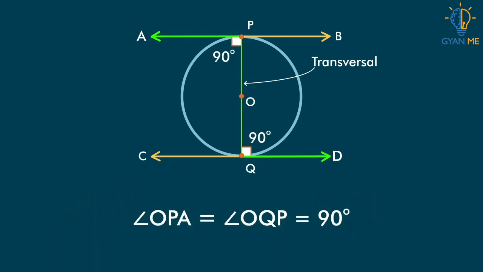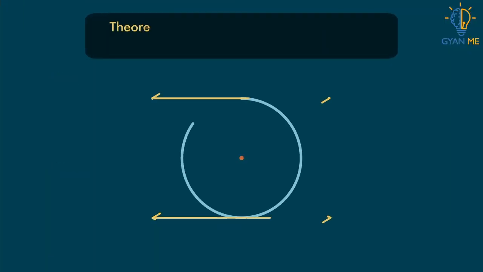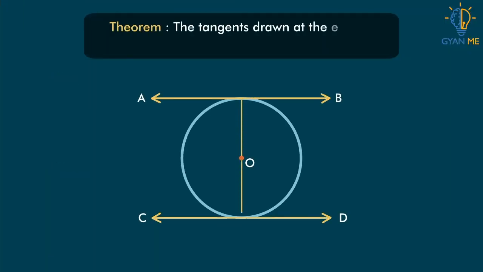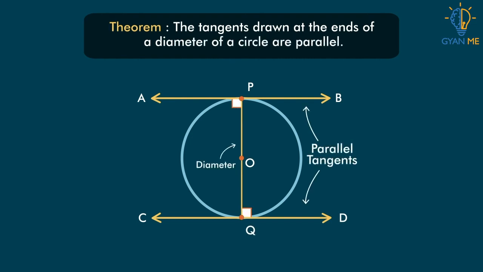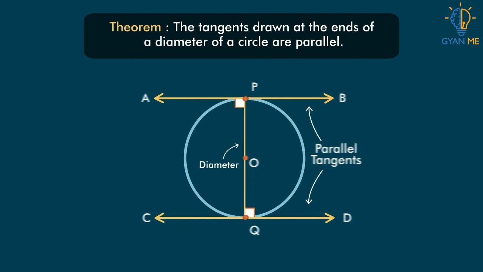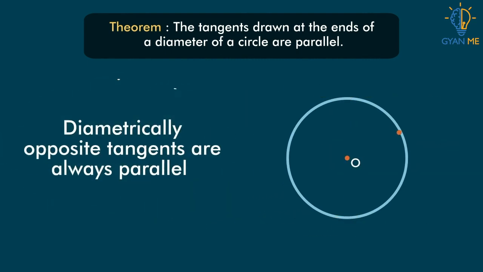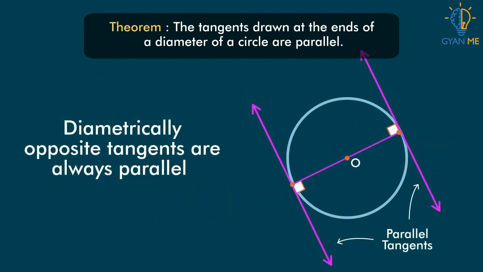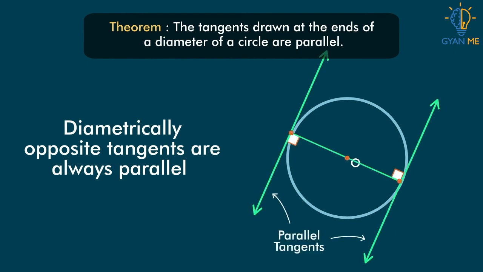As they are equal, we can say that tangents AB and CD are parallel to each other. Hence, we have proved that tangents drawn at the endpoints of a diameter are always parallel. In other words, we can also say that diametrically opposite tangents will always be parallel.